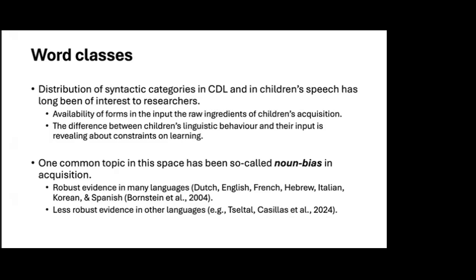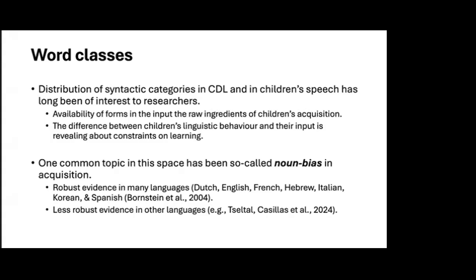So what we find is robust evidence in many languages for children's early vocabularies being dominated by nouns in comparison to other prominent syntactic categories such as verbs. We find this in languages like Dutch, English, French, Hebrew, Italian, Korean, and Spanish.